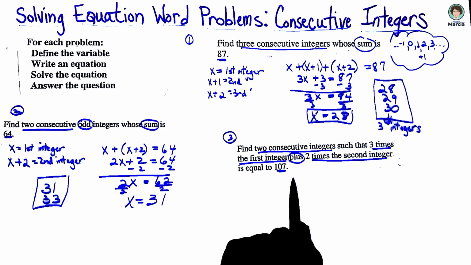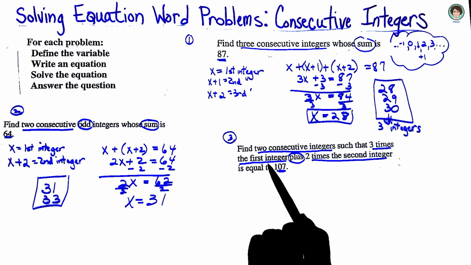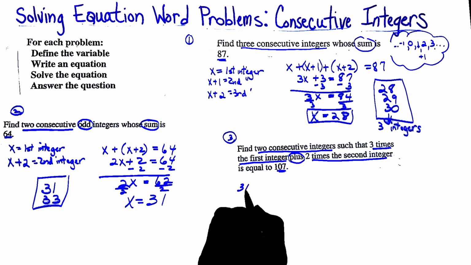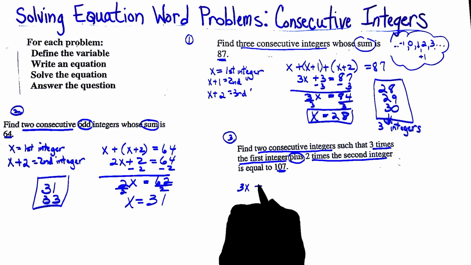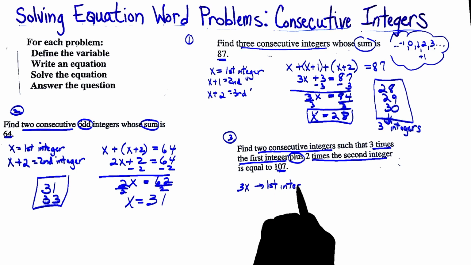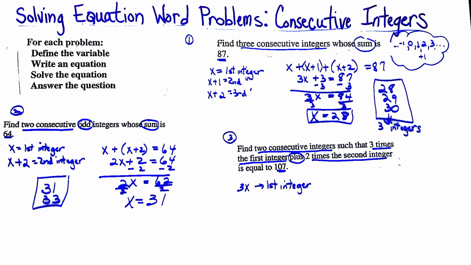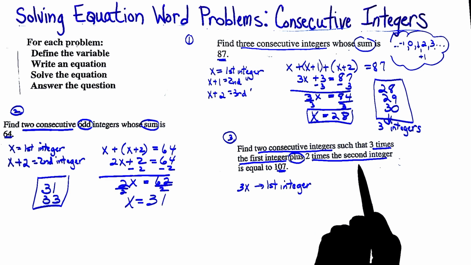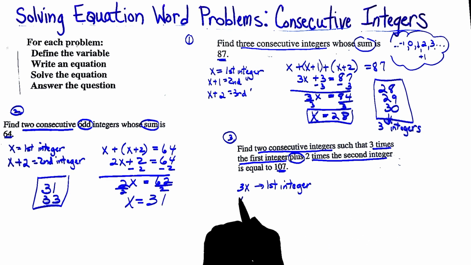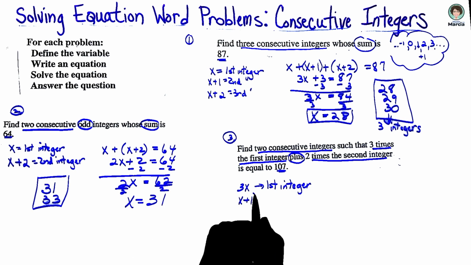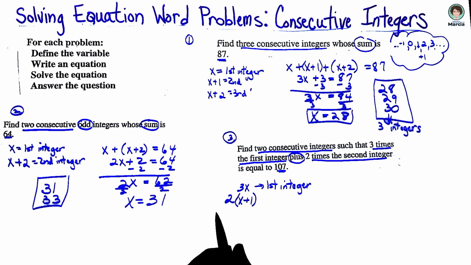So our first thing that we're going to need to do, it says the first integer, you have to multiply it by 3. So 3x is equal to our first integer. And when we're writing our second integer, notice it says 2 times the second one. Well, remember, the second integer, you have to add 1 to increase, but now we're going to multiply that by 2.